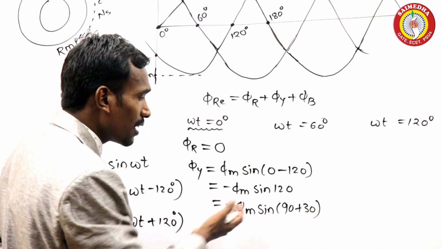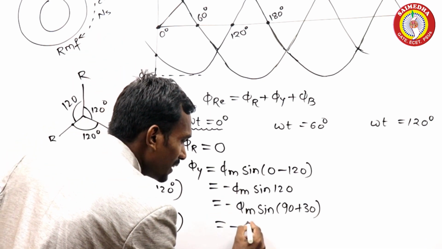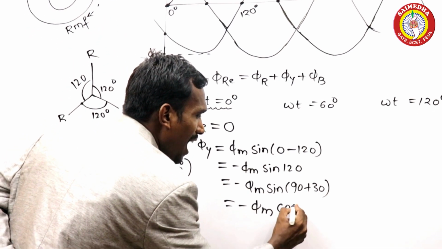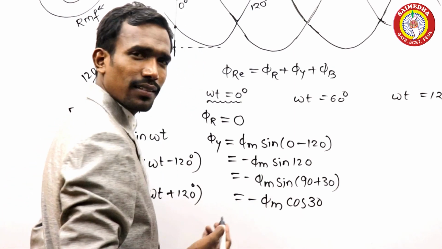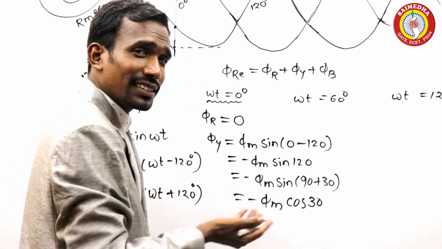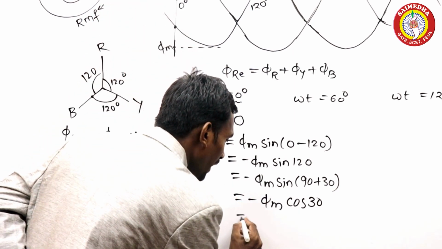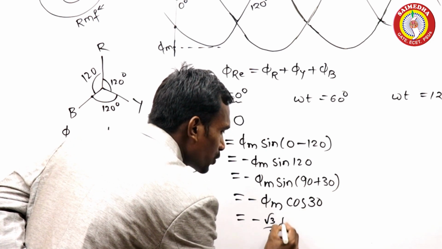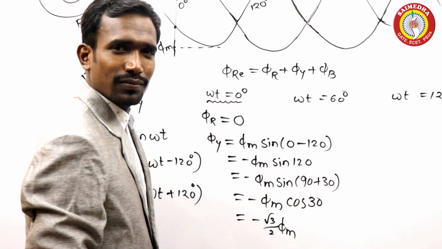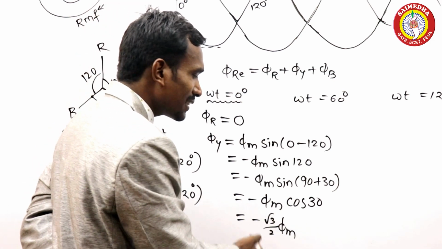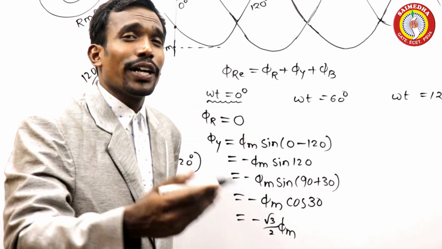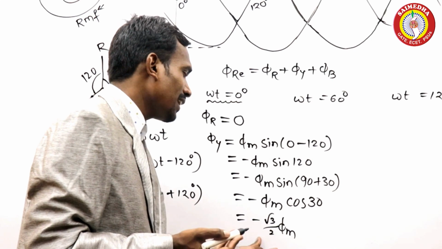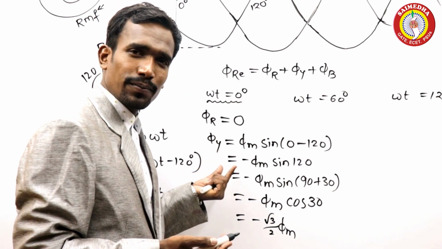Getting or not? Finally, minus phi m into cos 30. Cos 30 is root 3 by 2. What is our final answer? Minus root 3 by 2 into phi m is my final answer for phi y.